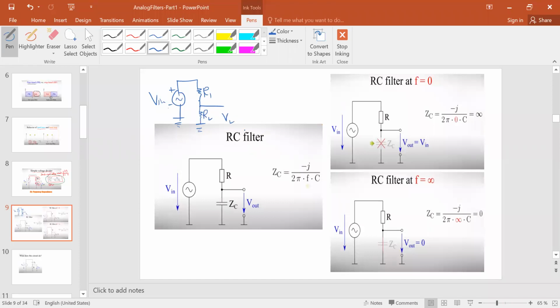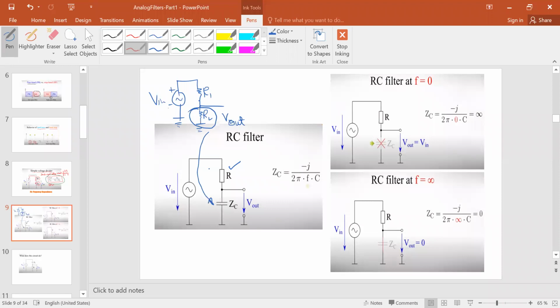We can say this is the voltage V out. So we were taking V out across R2. Now here we keep R1 as the resistance, but for the R2 part, which was the resistance, now we replace it with a capacitor.